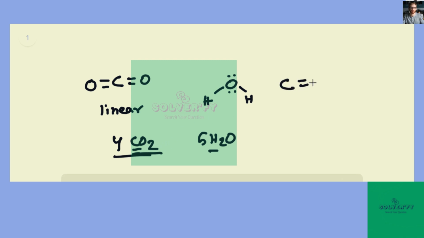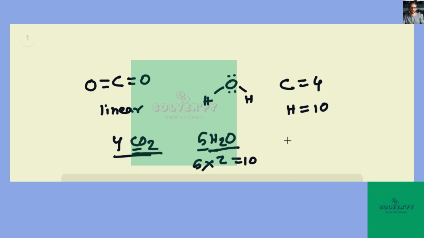So the number of carbon atoms here is 4, and from here you can see that in one H2O molecule we have two hydrogen. That means in 5 H2O molecules we will have 5 times 2, 10 hydrogen atoms. So the number of hydrogen in 5 H2O is 10.